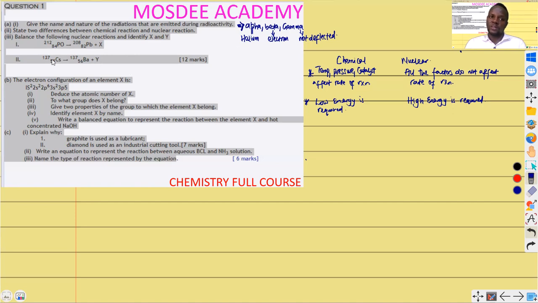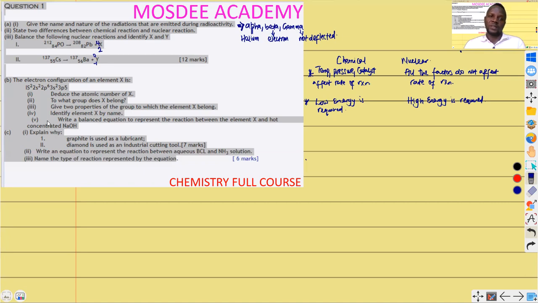The second one is cesium, 137/55. Can you see these, guys? The atomic mass remains the same, but the atomic number is increasing by 1. So this is 0, and this is -1. So this is beta, or your beta particle.